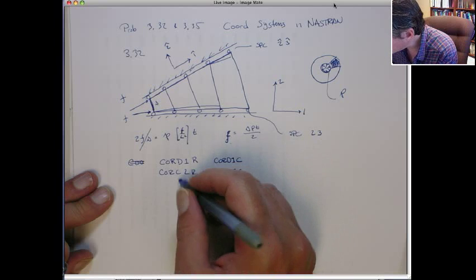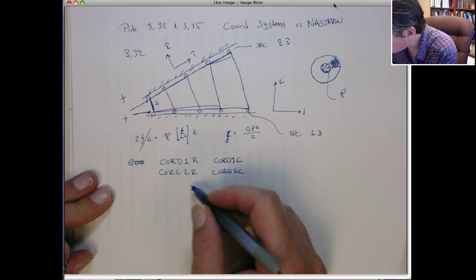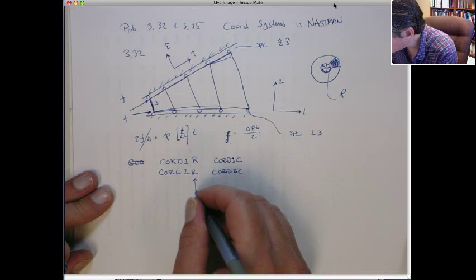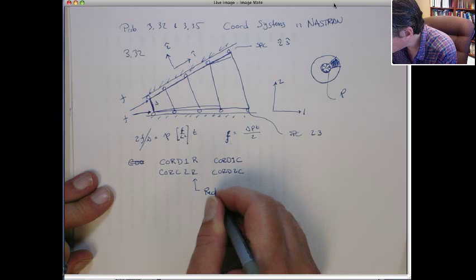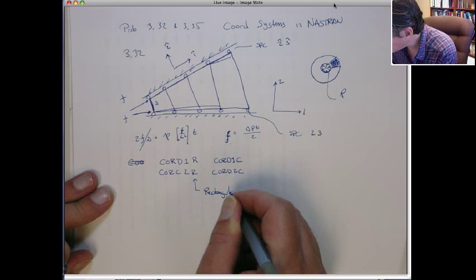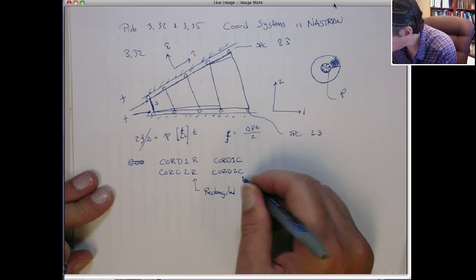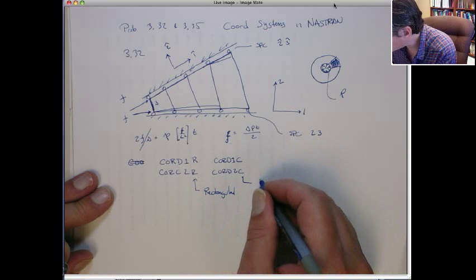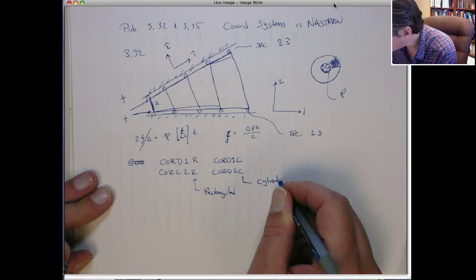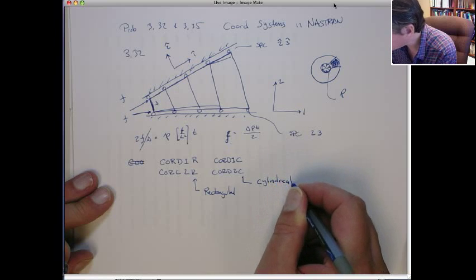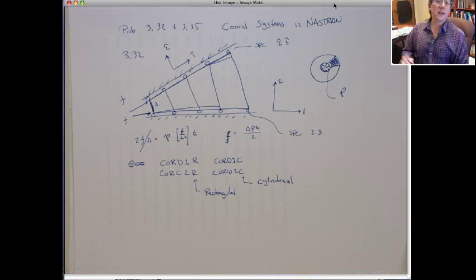Now the 1 and the 2 denote different ways of defining the coordinate system. The R is to define an alternate rectangular coordinate system, and the C is to define an alternate cylindrical coordinate system, okay?